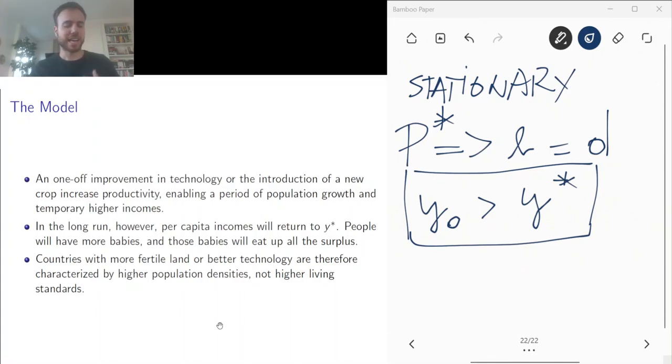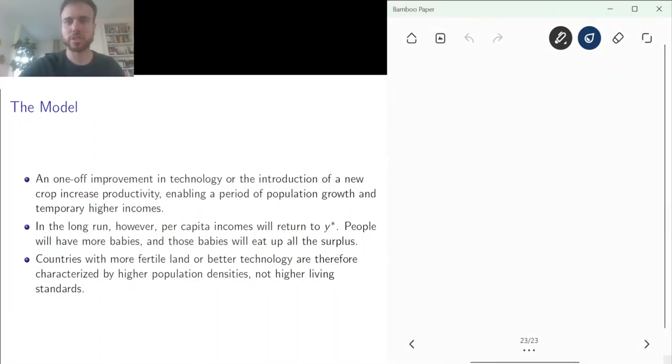And countries are different, because they have different values of population at equilibrium. So countries have different values of stationary population, what I'm calling N star. So everyone in every society on average is living at the subsistence level in the long run, Y star.